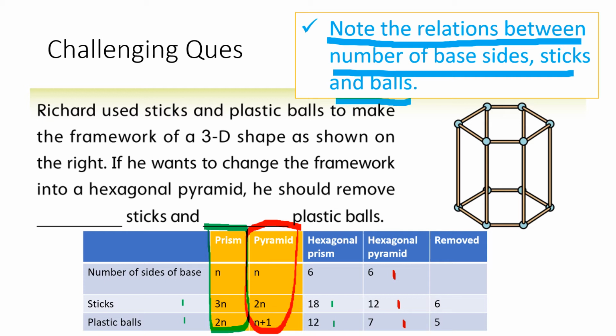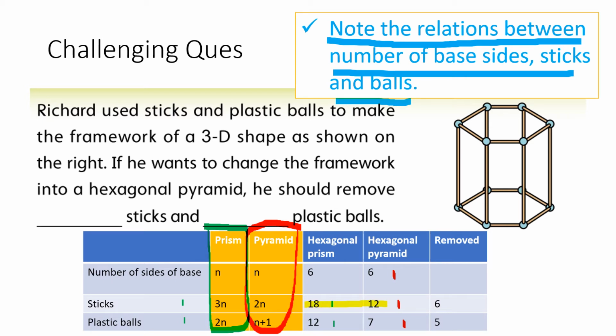Then you can compare, okay? So for the number of sticks, originally in the hexagonal prism we need 18. For the hexagonal pyramid we only need 12. So 18 and 12.